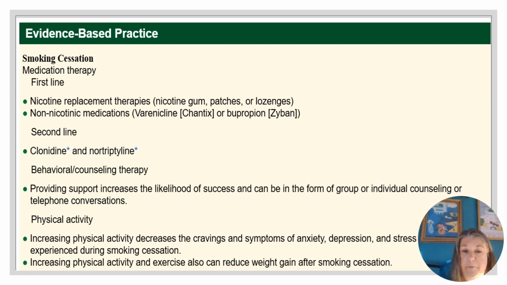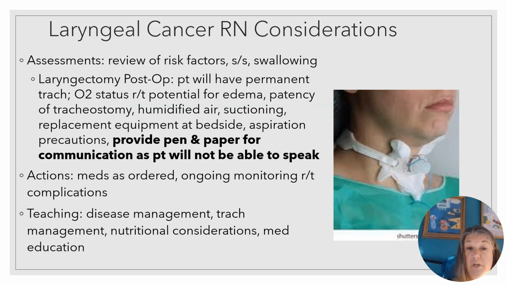Bupropion is also Wellbutrin, so you may have talked about that in mental health. So Chantix and bupropion are our non-nicotine meds, and then we couple that with nicotine replacement. Second line is clonidine. So just remember that, okay?